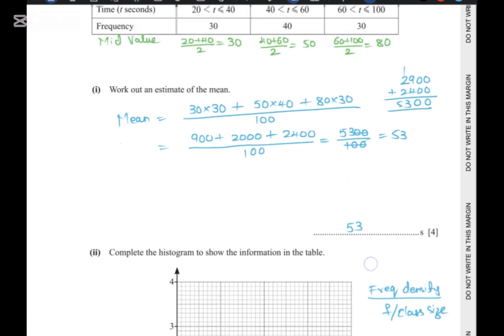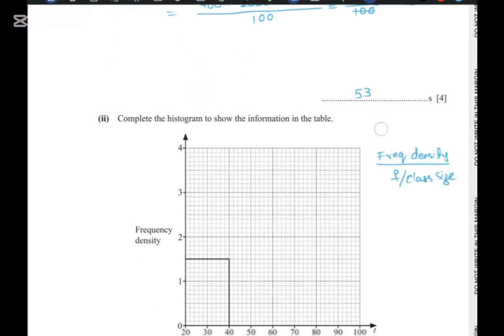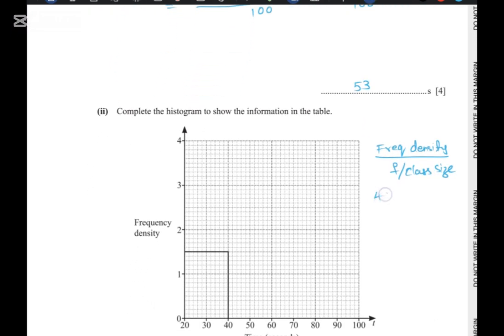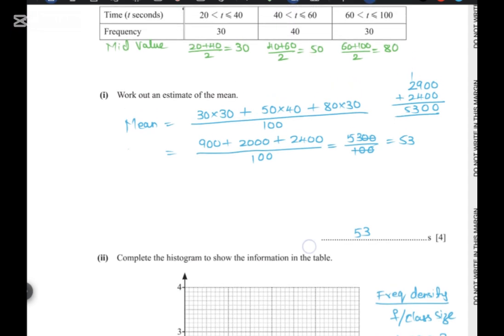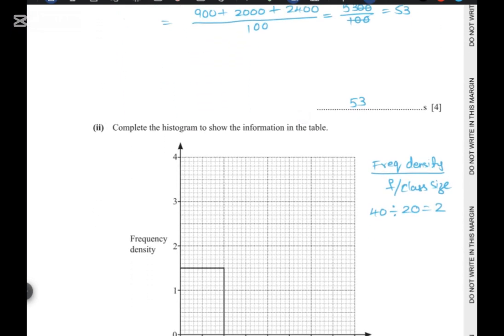So frequency is 40 and class size is 20, so the second class is 40 divided by 20, which is 2. Then the third class is 30 divided by 40, since 60 to 100 is 40.